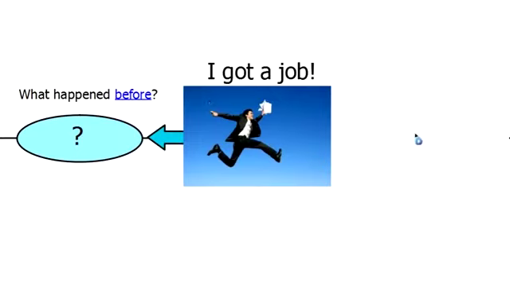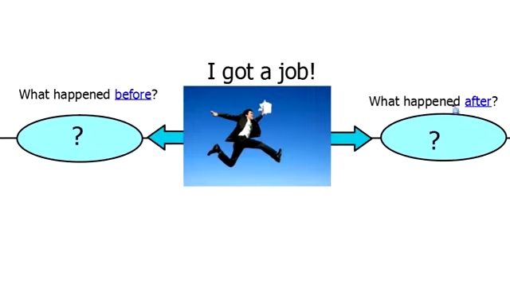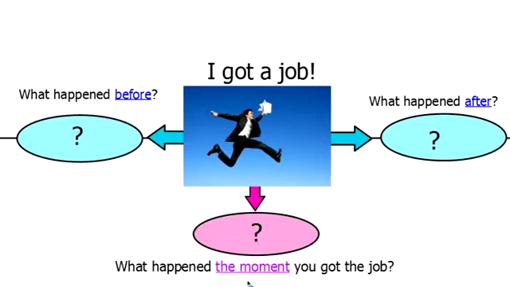Or maybe, what are things that happened after I got a job? Or maybe, what are some things that happened the moment that you got the job? So the exact moment that you got the job, or the time around that you got the job, what happened. So we're going to look at these different ideas today.